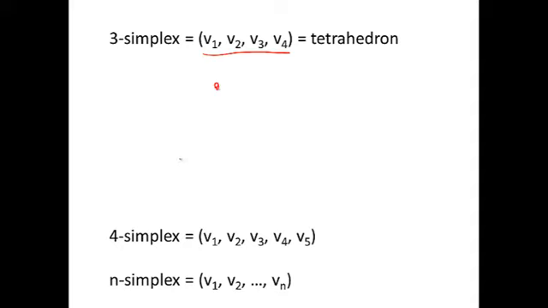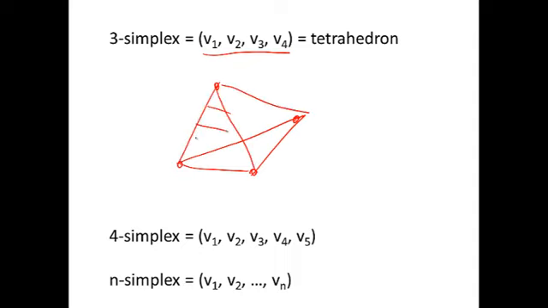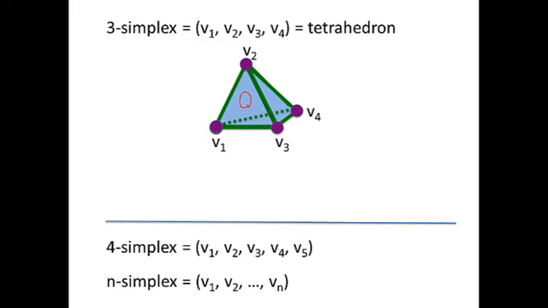I just draw the four vertices, connect every pair of edges, fill in all the faces as well as the interior, and I get a solid three-dimensional tetrahedron. I can't draw the four-dimensional four-simplex, but when working with high-dimensional data, high-dimensional n simplices certainly do exist.